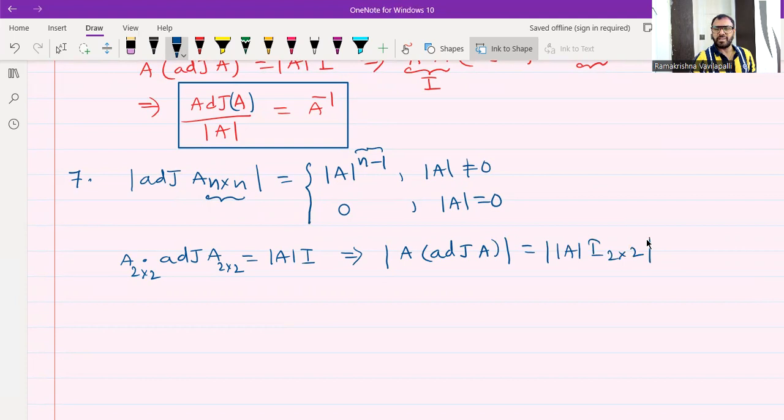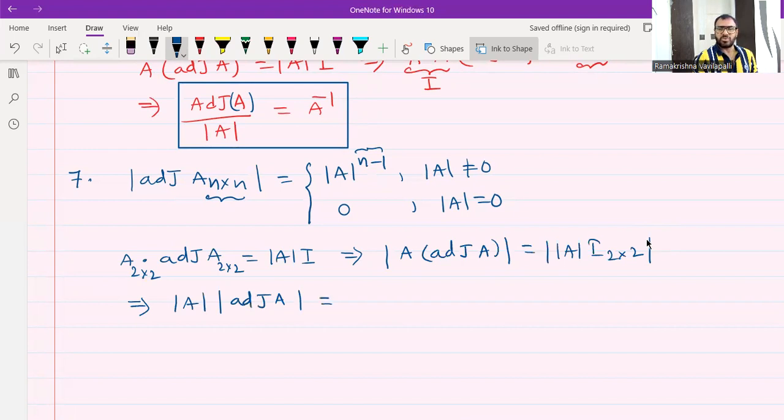According to the matrix, we'll take this order. Well, so this implies this is det A into determinant of adjoint of A. I assume that you know the properties of determinants.